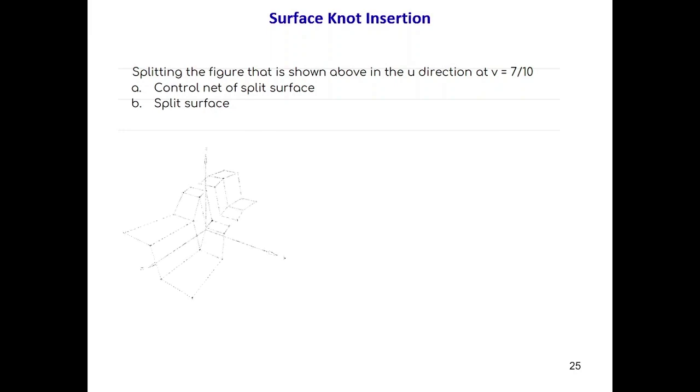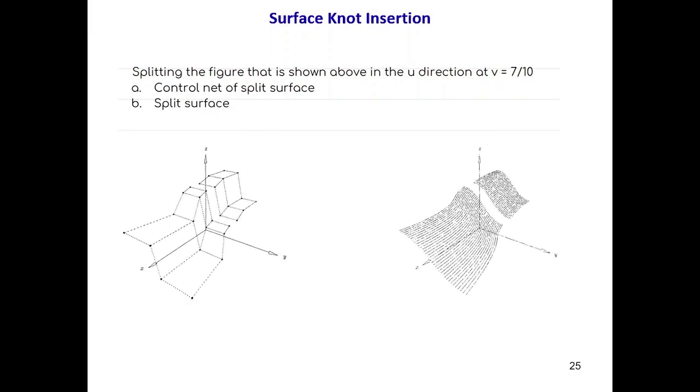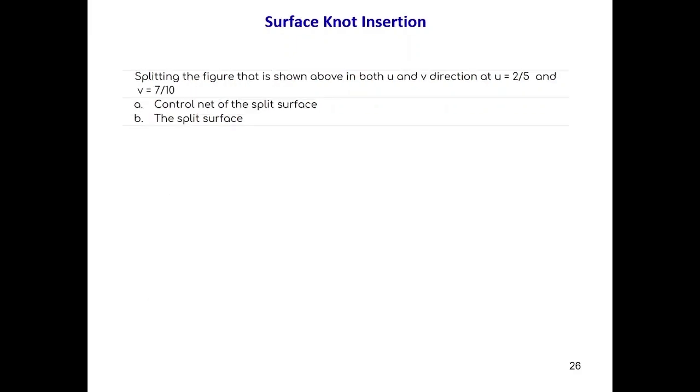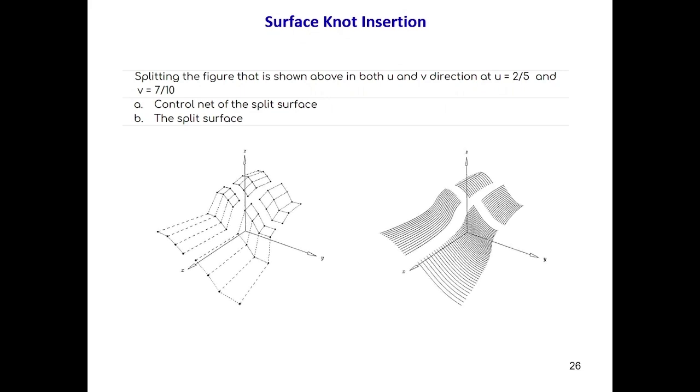Splitting the figure at V 7/10 with the control net of the split surface and the split surface, we can see that we divided it horizontally and vertically. In the next one, we can see it is split into four parts with U 2/5 and V 7/10.